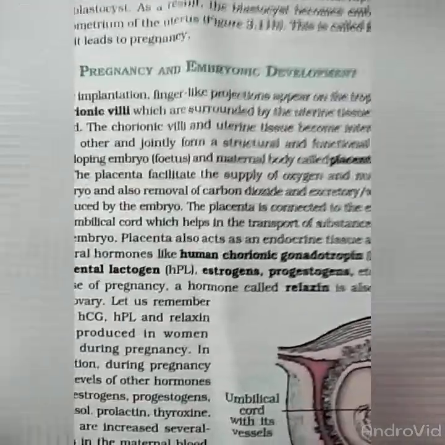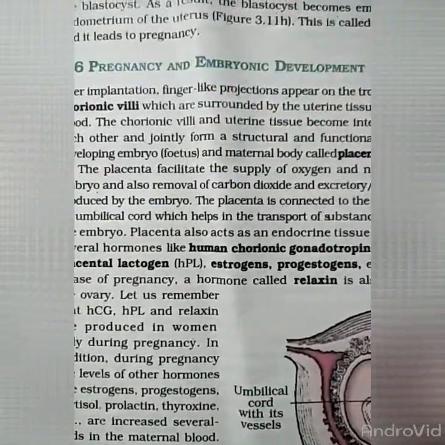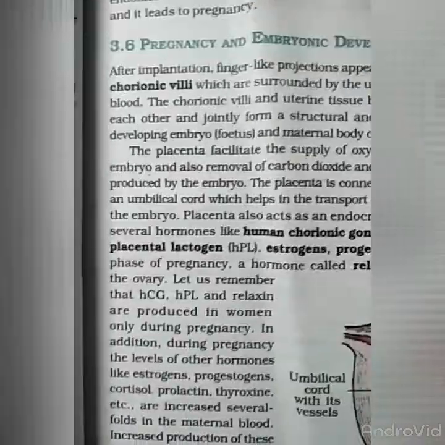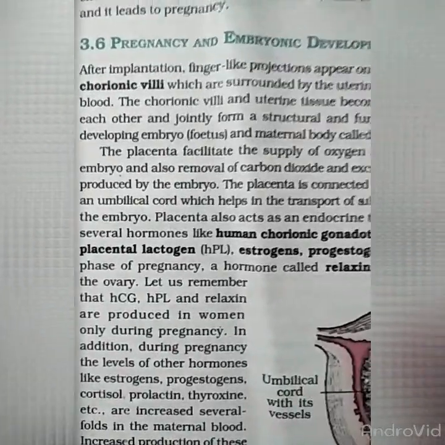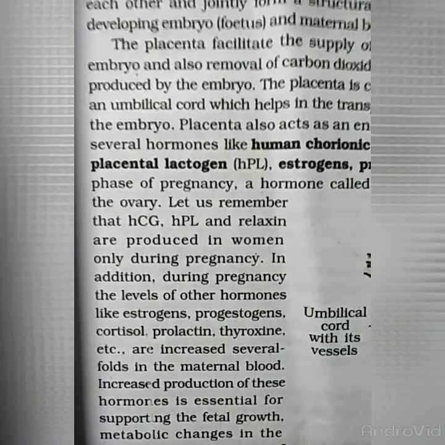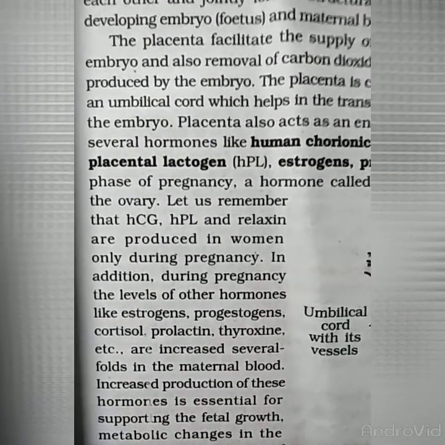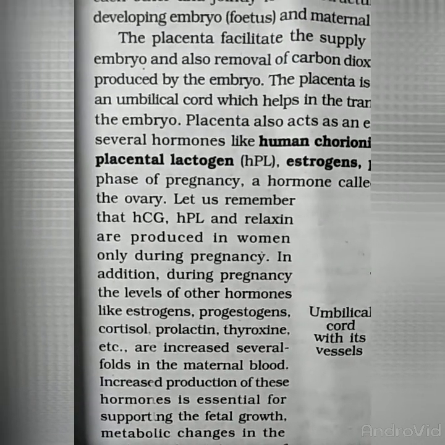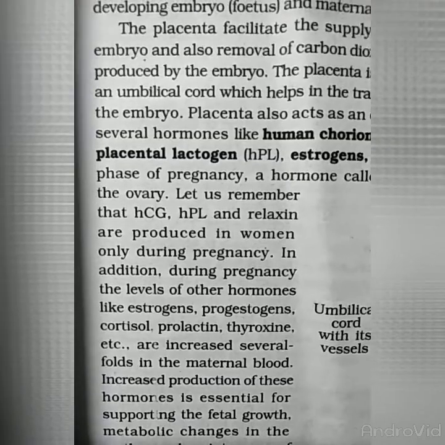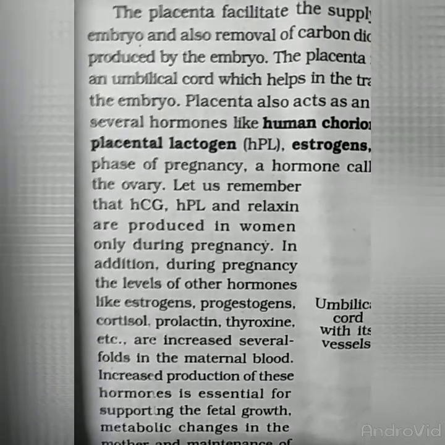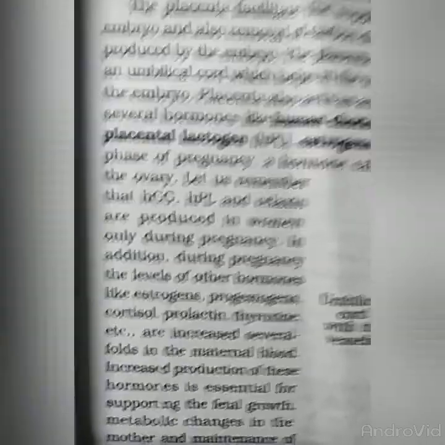In the later stage of pregnancy, a hormone called relaxin is also secreted by the ovary. During pregnancy, hormones like estrogen, progesterone, cortisol, prolactin, thyroxine, etc. are increased several folds in the maternal blood. Increased production of these hormones is essential for supporting fetal growth.